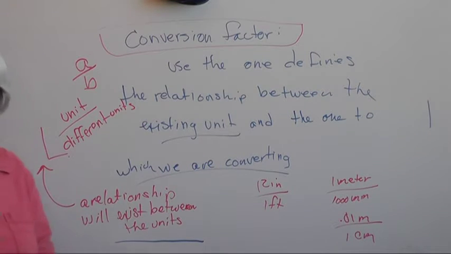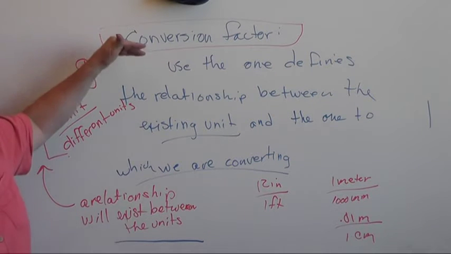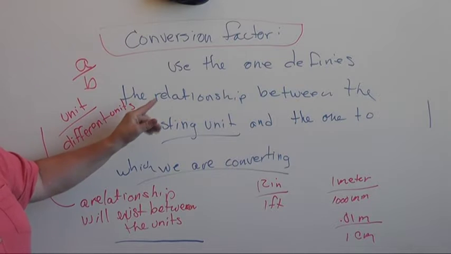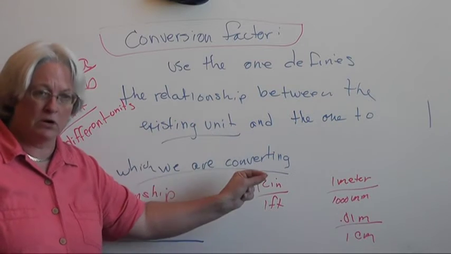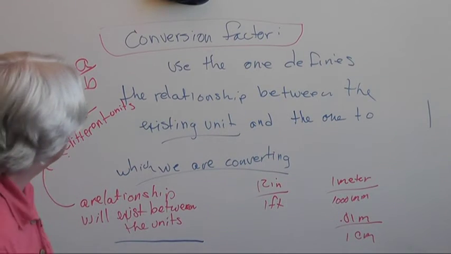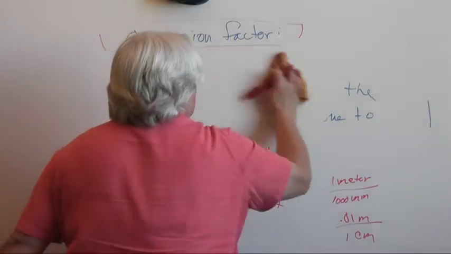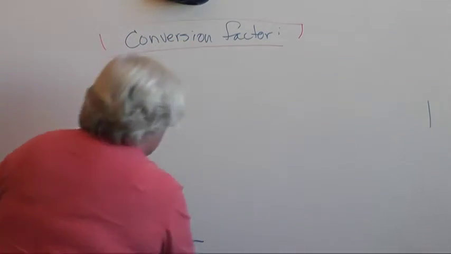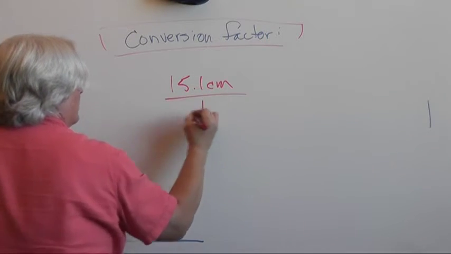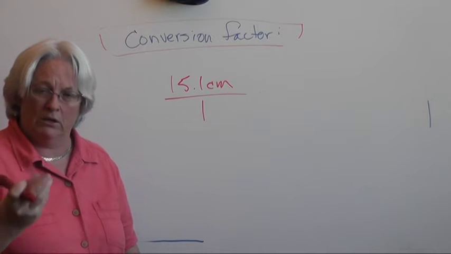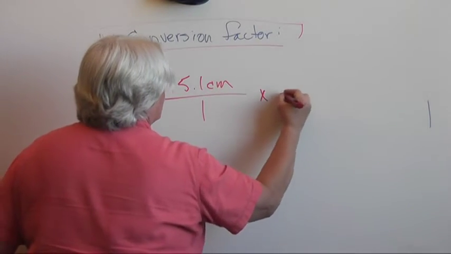So there are any number of these relationships that exist between different units. What you're using for the conversion factor is the relationship between the unit that you started with and the one that you want to get to. So with that original problem, if we have the pencil that was measured in centimeters, 15.1 centimeters, we wrote that as a fraction over 1, and then we looked for the conversion factor that showed the relationship between two different units.